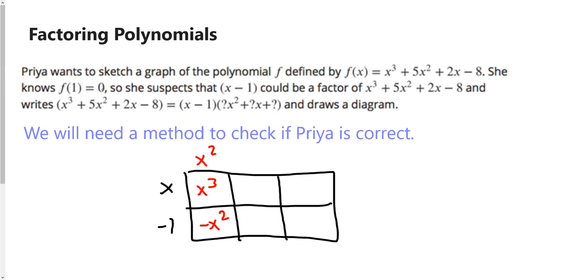Now, the polynomial itself has to add up to 5x squared. These two have to add up to 5x squared. So -x squared plus what is equal to 5x squared? -1 plus what is equal to 5? Well, it must be 6.